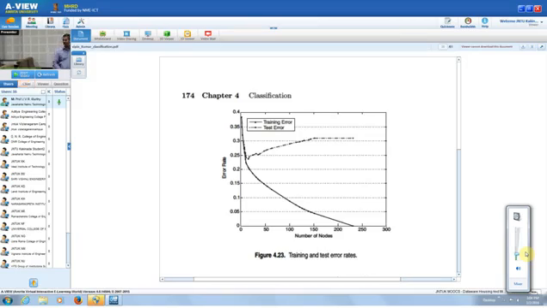Now I'll explain the reason. The reason is you are taking more training data, fine. To some extent, as you take more training data, training error comes first. Now model overfitting: if you recollect the algorithm, and that is why I recapitulated the algorithm today, to make you understand this. What are you doing?